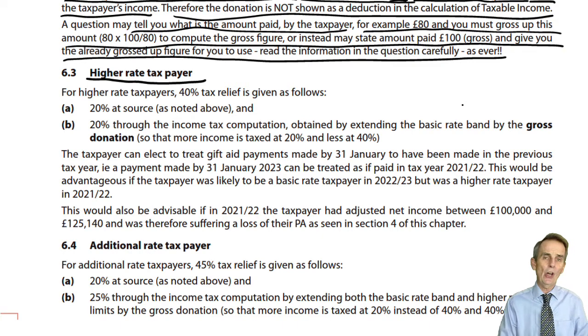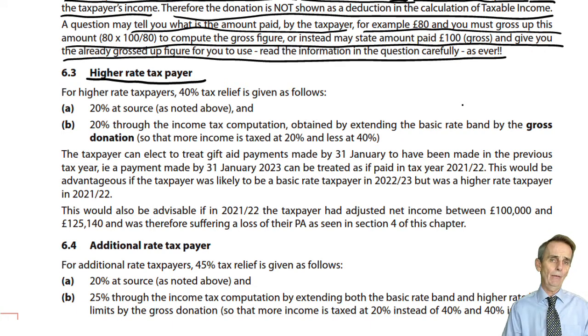Now, we've just seen that our net payment to the charity was £80 under this gift aid scheme. So we still need, through this scheme, to get higher rate relief. So what do we have to learn? Again, simple. If you're a basic rate taxpayer, then we don't do anything on the income tax computation. If you're a higher rate taxpayer, now we need to know what the gross amount of the gift aid payment was.